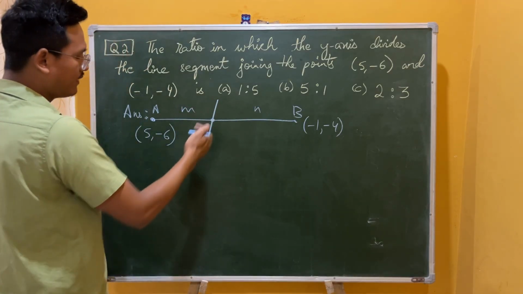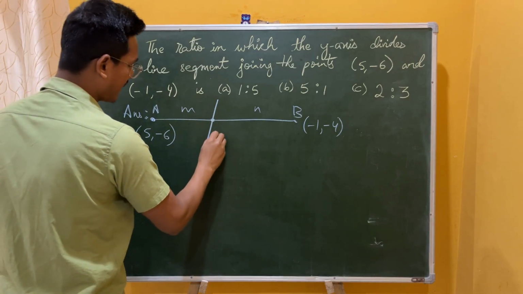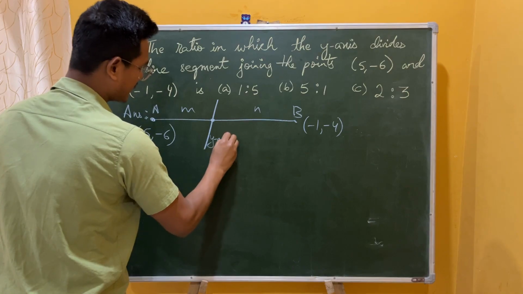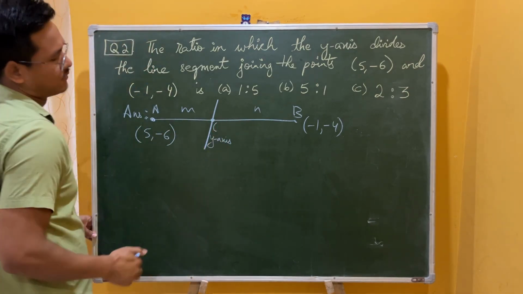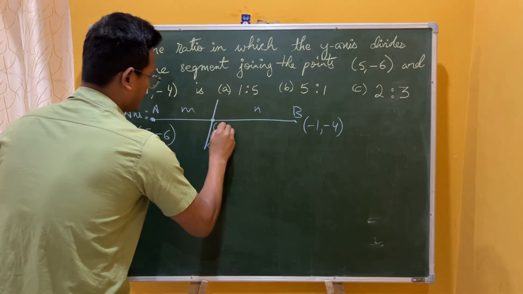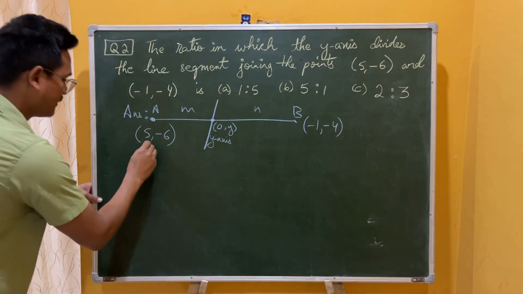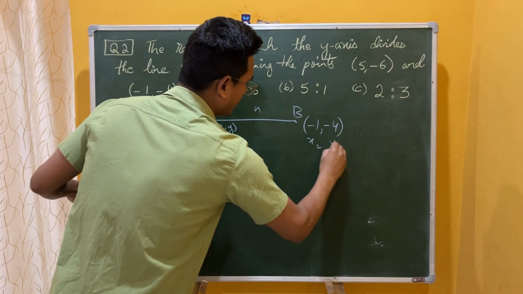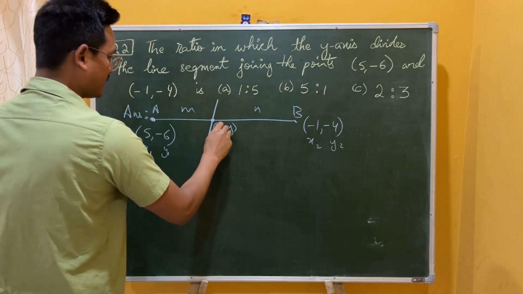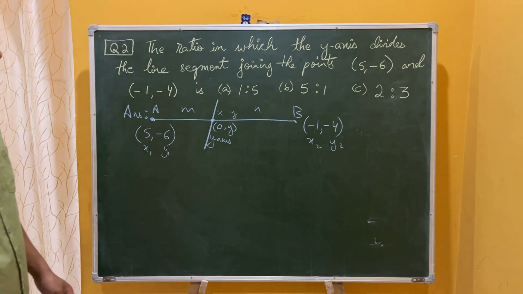The point where it divides lies on the y-axis, and any point lying on the y-axis is given by the coordinates 0, y. So consider this is your x1, y1, x2, y2, and say this is your x, y.